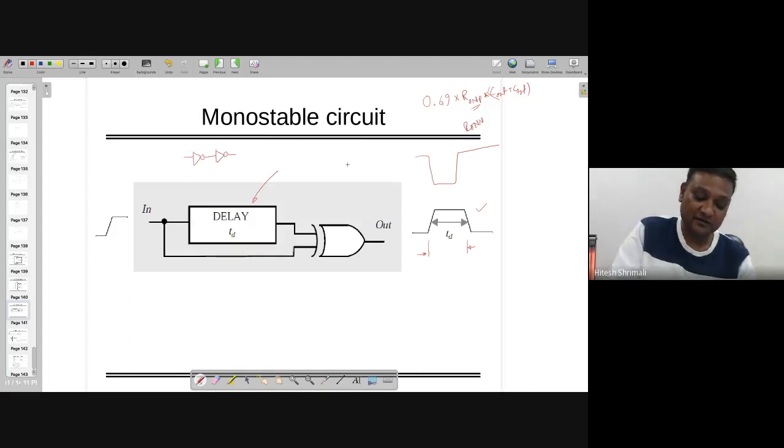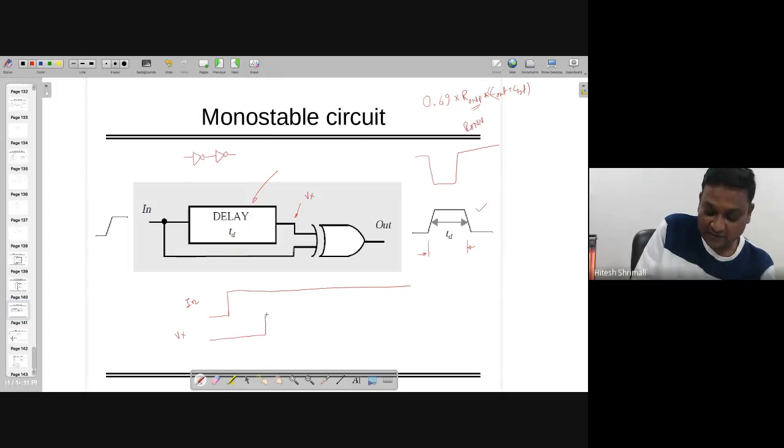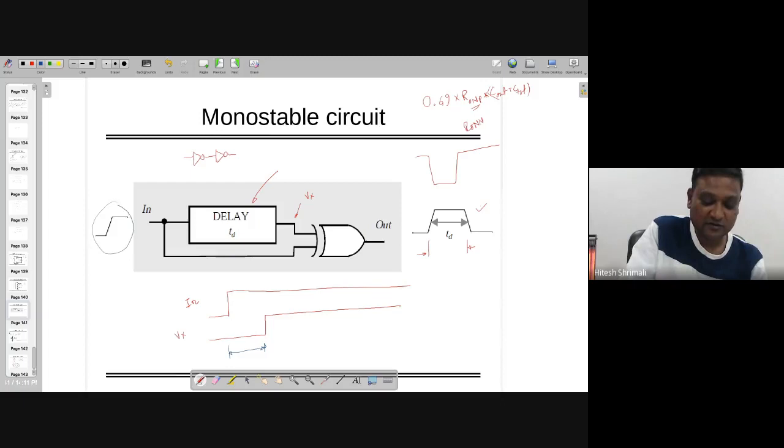And that delay, when you are keeping it on the input line, you can see that if this is the input which you are feeding, and if this is the Vx point, it has a delay of TD. After TD, it's going to be on forever until we change this one.